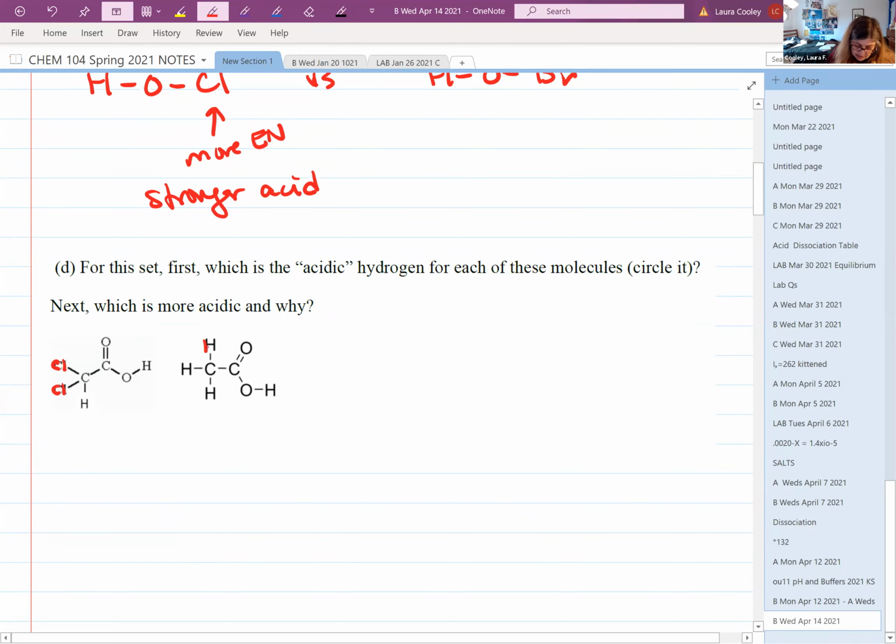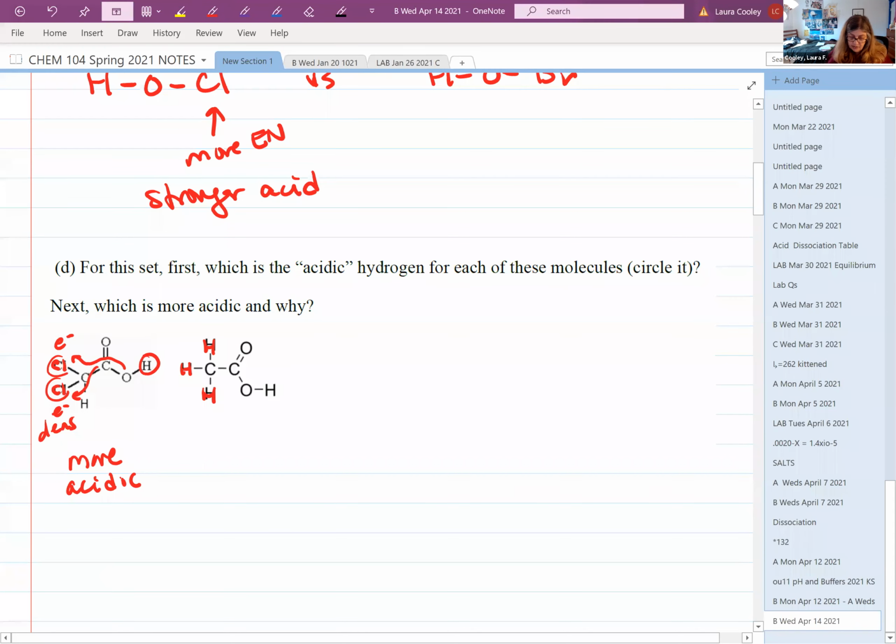And here we have acetic acid without any chlorines. Well, now we have 2 electron withdrawing chlorines, so we're pulling more electron density away from this hydrogen here, making it more polar. So this is more acidic. This would be dichloroacetic acid.